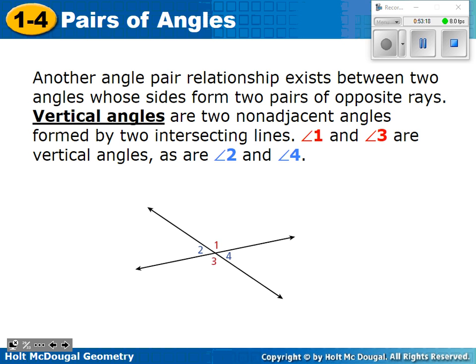So if this is my picture up here, 1, 2, 3, 4, which angles are vertical? 1 and 3. So on your picture, you can mark angle 1 and angle 3 are going to be vertical. Which other angles are going to be vertical? 2 and 4. They're the ones that are across from each other if two lines intersect.